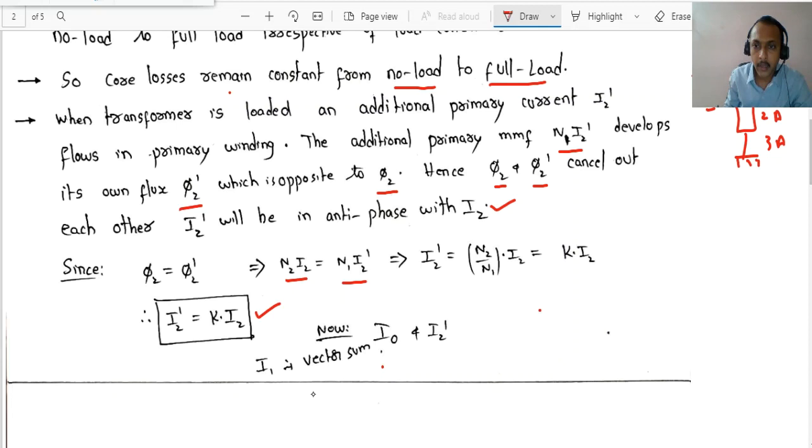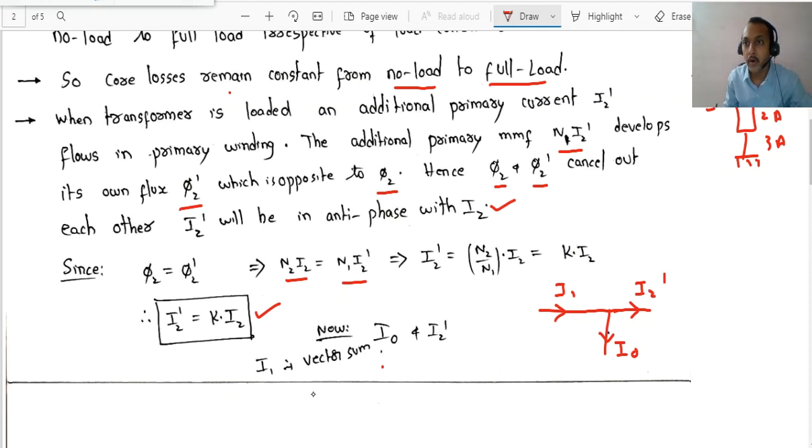Now, whatever current I1 is drawn by the primary winding is going to be resolved into two components. One is I0 and the other one is I2 dash.